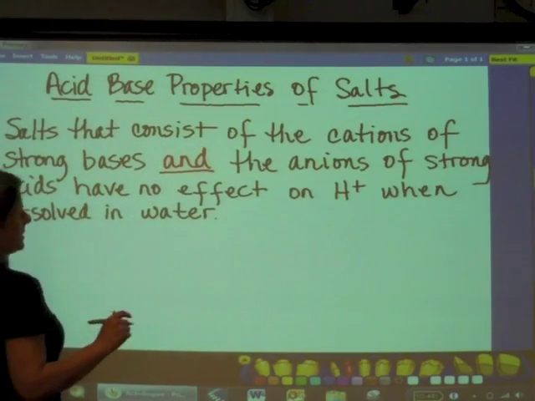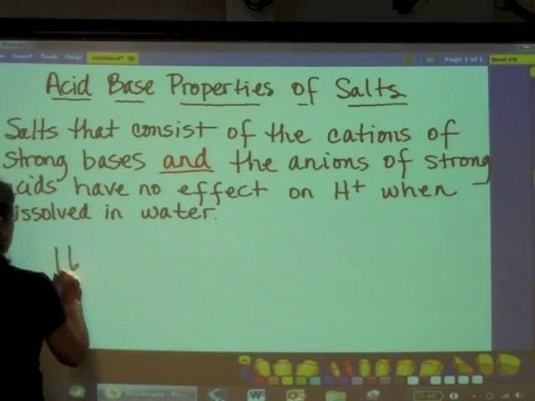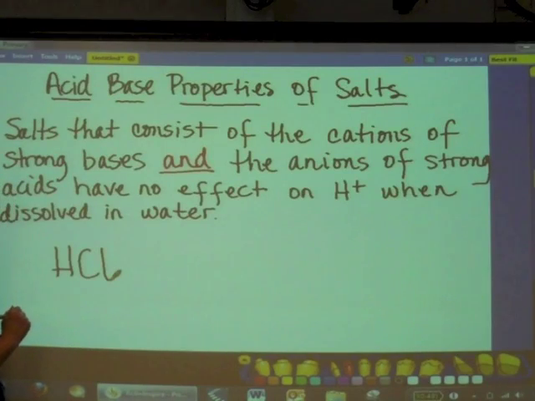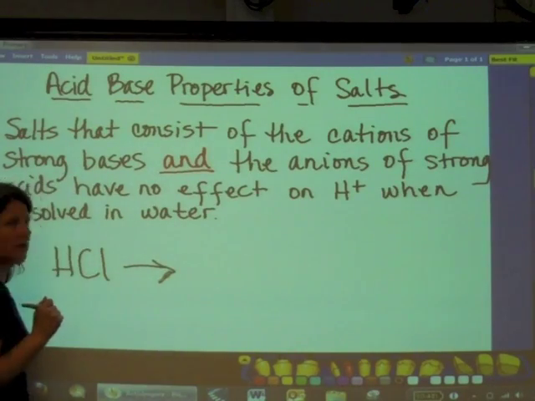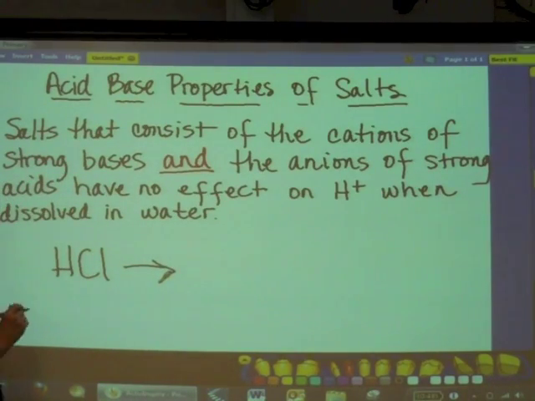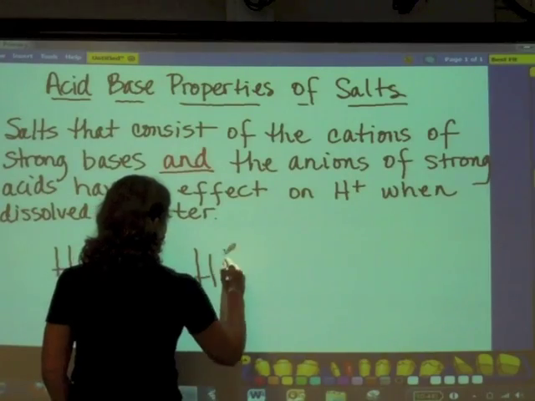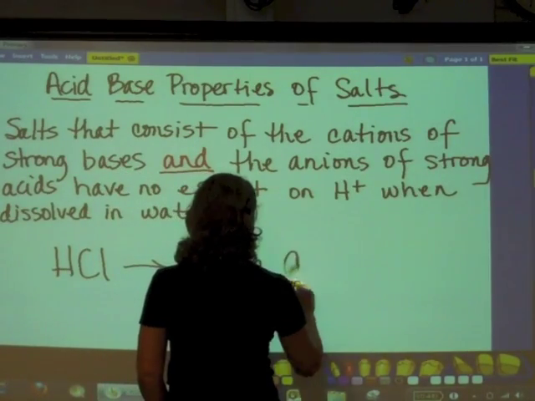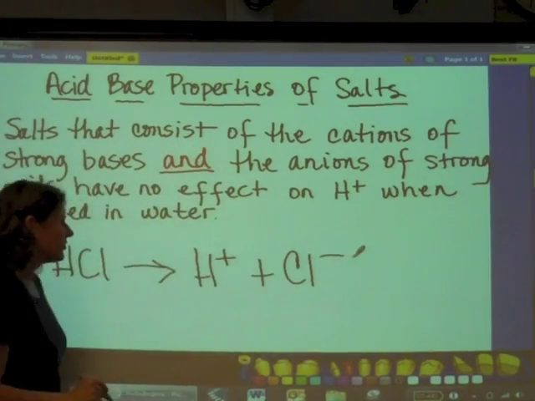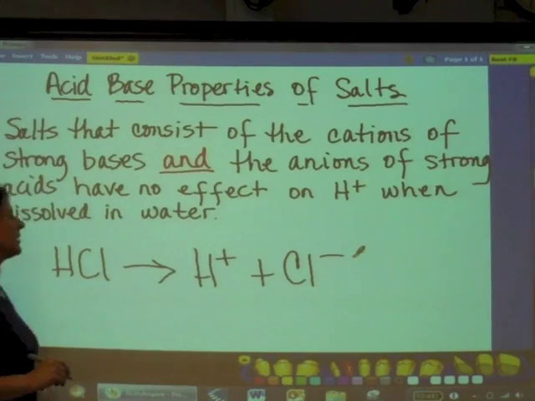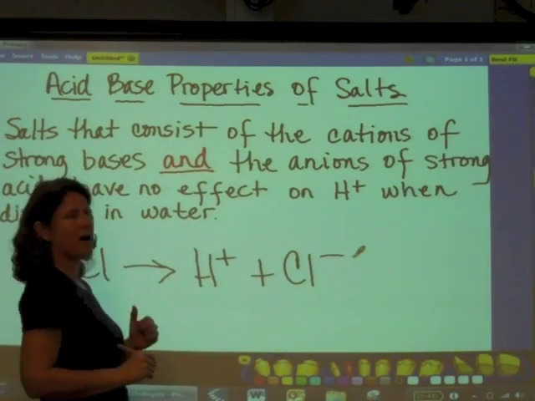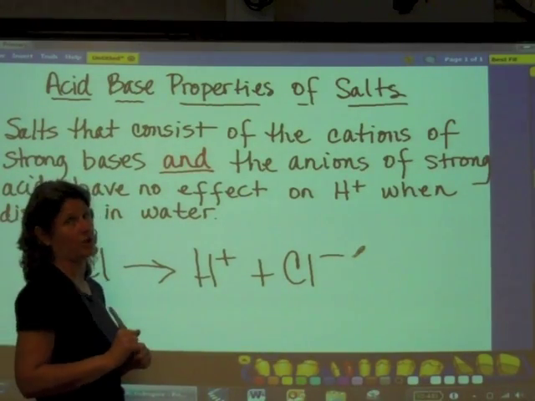Well, for instance, HCl is a strong acid. In water, this is a one-sided arrow. And the hydrogen and chloride ions completely dissociate, and we never have the reverse reaction.